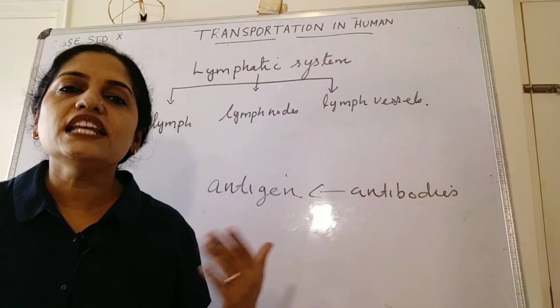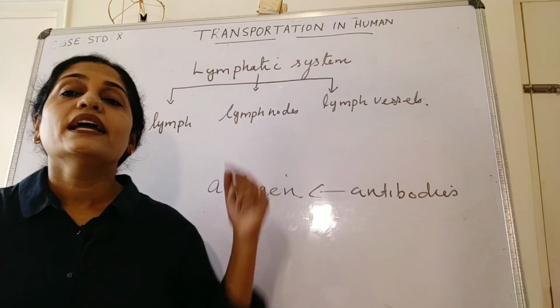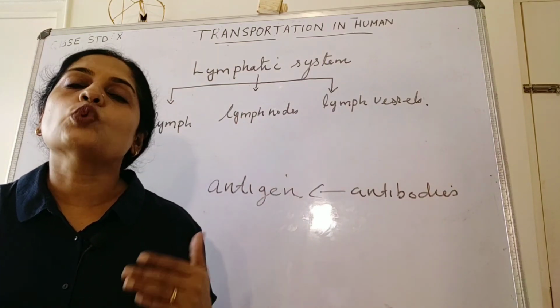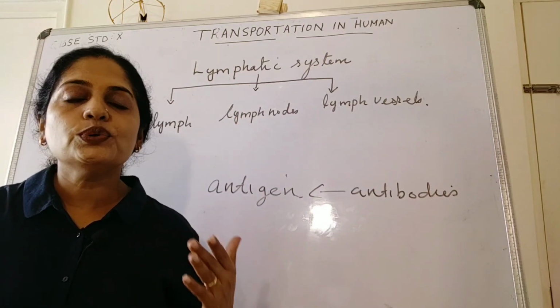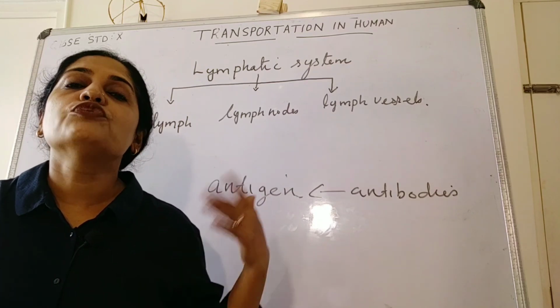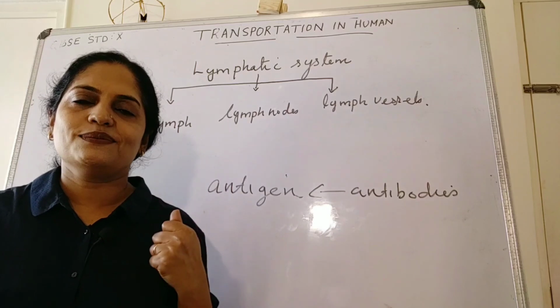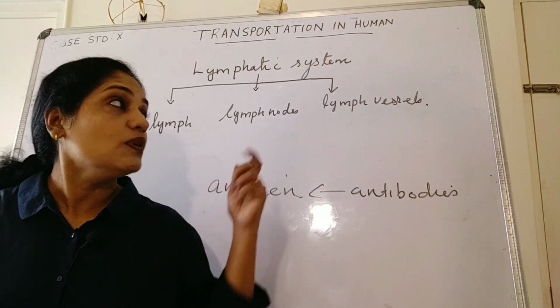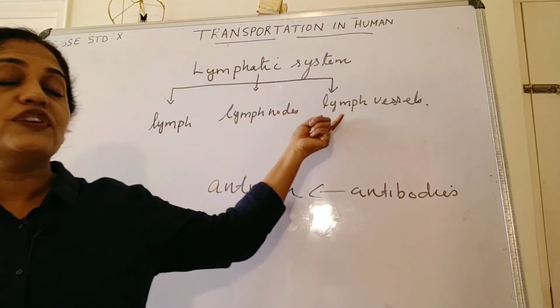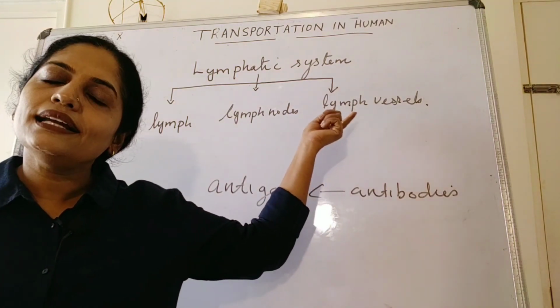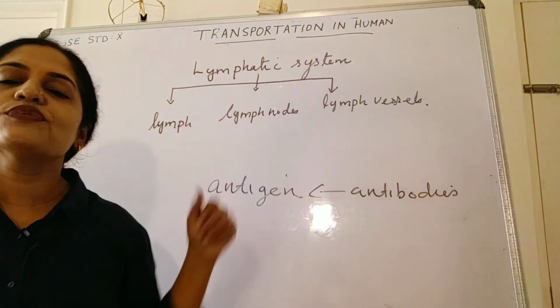If we get any infection, the lymph nodes in that region get swollen. Why? Due to the production of lymphocytes in huge amounts to fight against the disease. So, from the lymph nodes, lymph vessels arise and they carry lymph to different parts of the body.